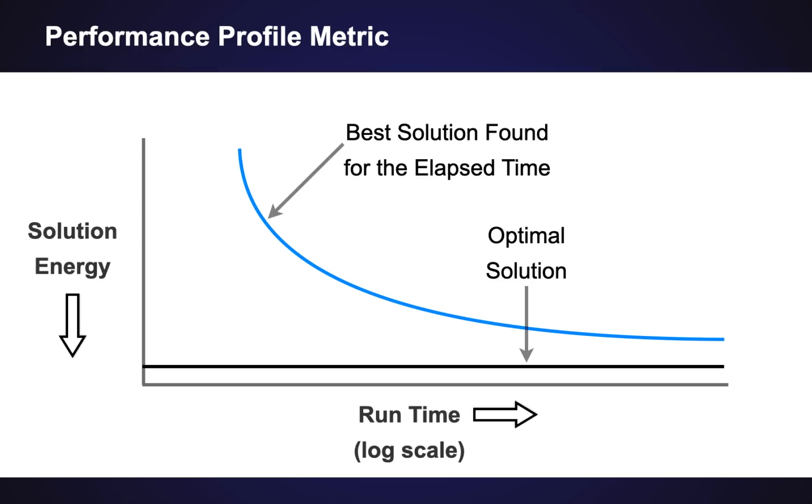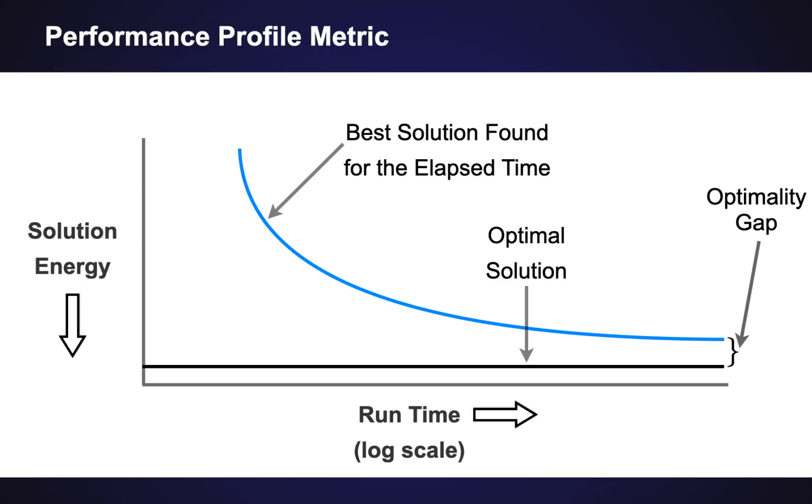There is a black line down at the bottom, which indicates the energy of the optimal solution. And then we're actually going to report the optimality gap, which is the relative difference between this optimal solution and the particular energy of a given solution, because this is problem agnostic. It doesn't have a particular energy value, it's just the relative difference.